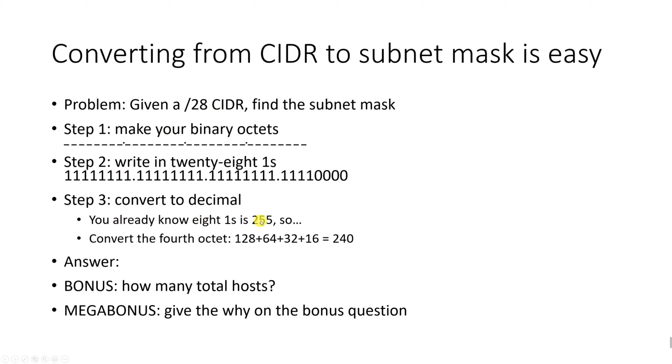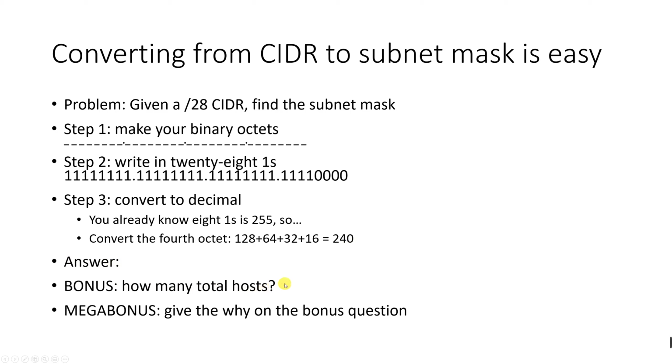You already know that 8 ones is 255, so you know it's 255.255.255 something. So with that last octet, all you have to do is add 128 plus 64 plus 32 plus 16, which equals 240. So what's the answer? Figure that out right now.